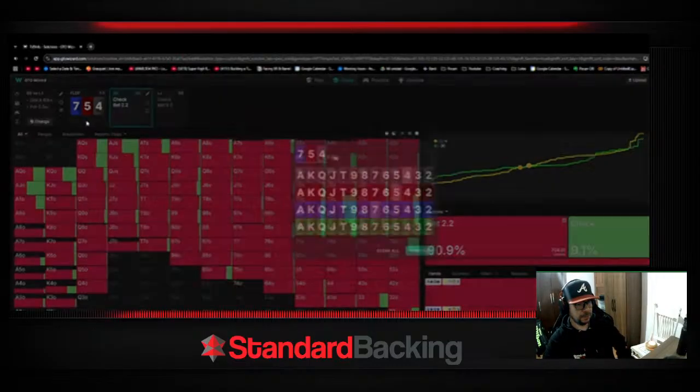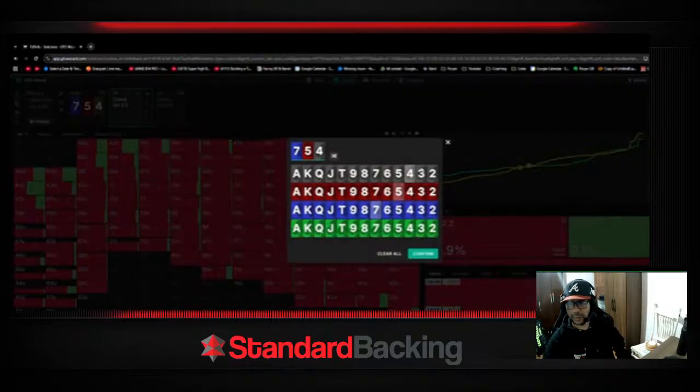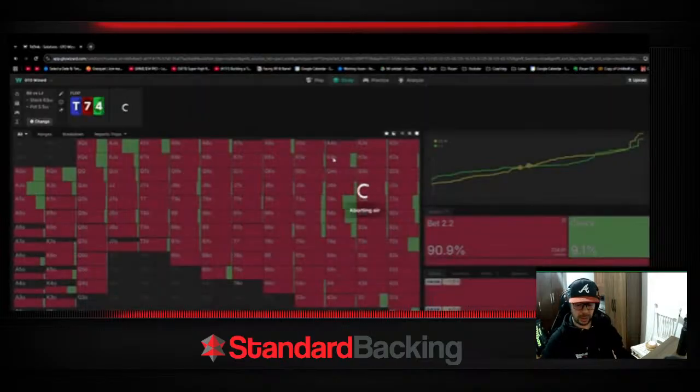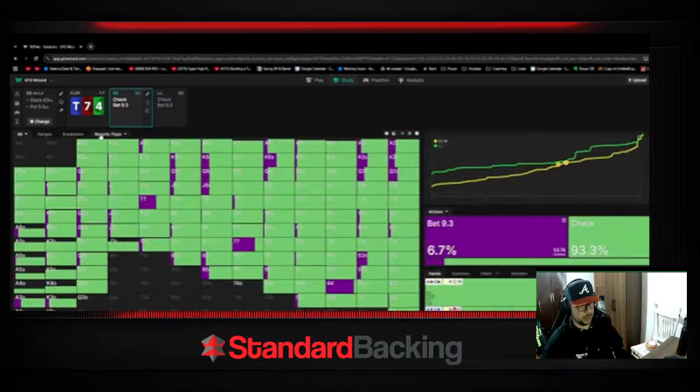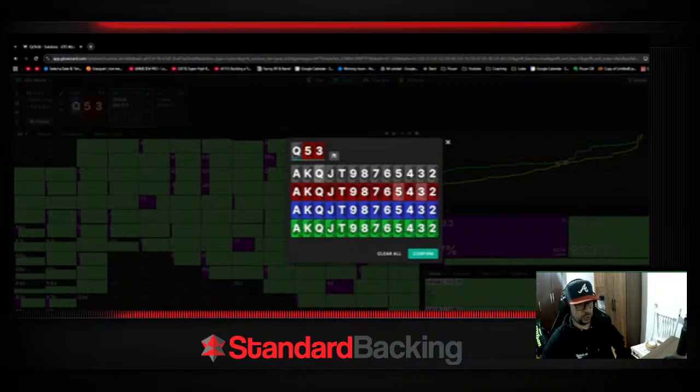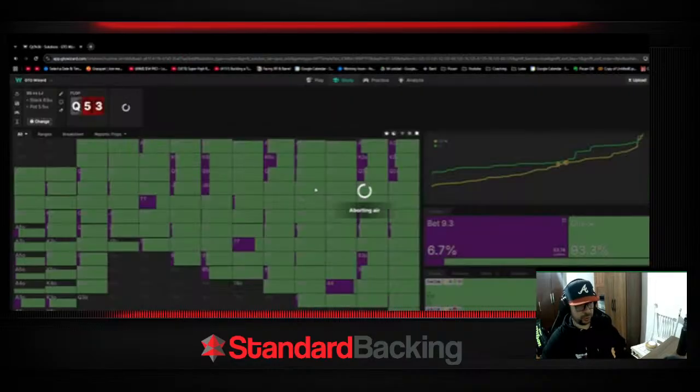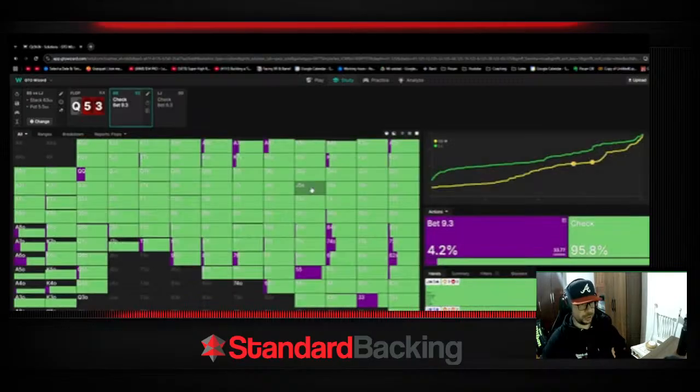And it's interesting to see, and it'll be interesting to run reports and try to come up with how the dunking range is developed, what the frequency of the dunking range is, and what the main boards are that we are dunking. Is it better to dunk a paired board, or is it better to dunk a connected board? Probably a connected board with a low. So yeah, it is going to be interesting.